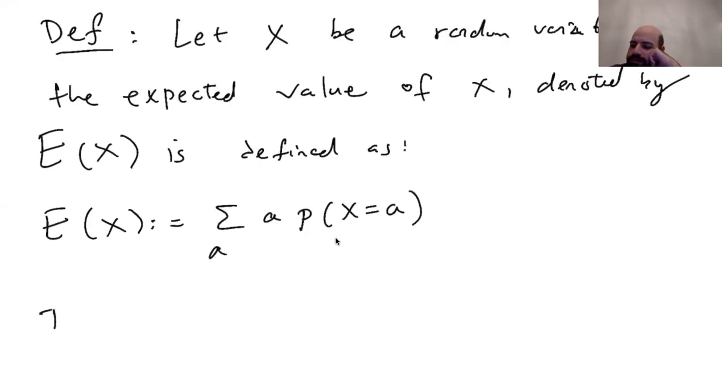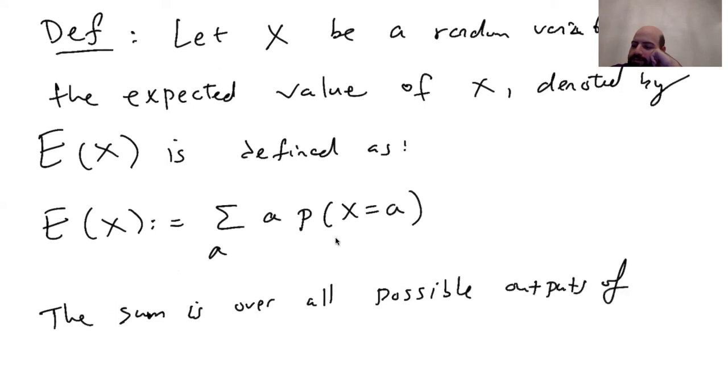The sum is over all possible outputs of X. So this is how the expected value is defined.